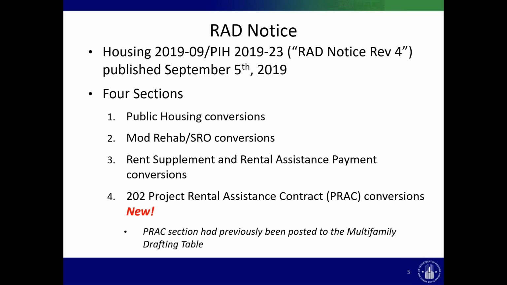Section 4 had previously been posted for public feedback early in the spring on multifamily drafting tables. We benefited from hundreds of really helpful comments from a variety of stakeholders that have improved the final deliverable in RAD Notice Rev 4.